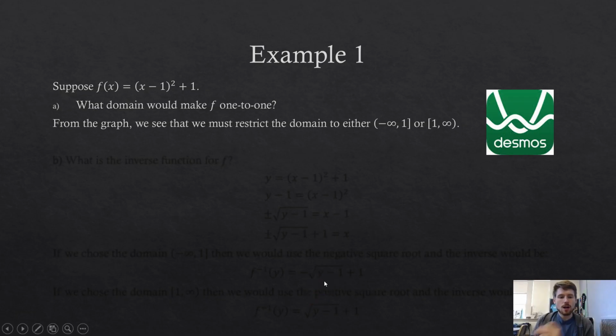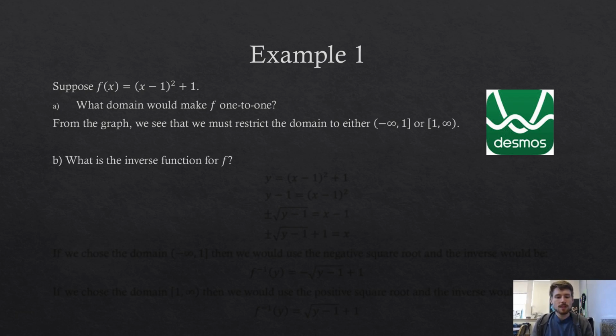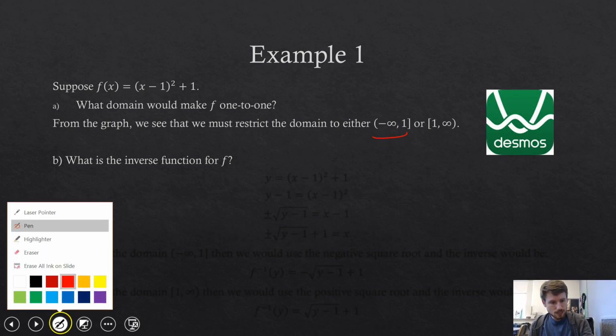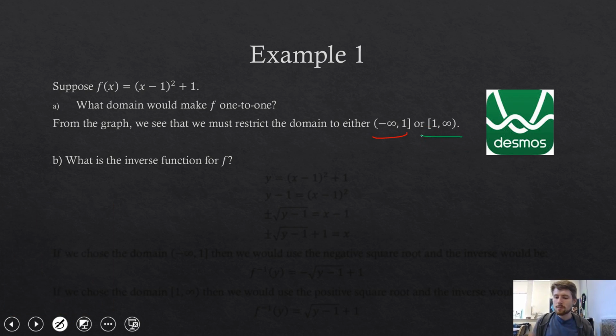Okay, so either from negative infinity to 1 or 1 to infinity would be our domains, so that it is a 1-to-1 function. Alright, so now what's the inverse function for f? Now that we've decided, well, depending on which of these domains we choose, we're going to end up with actually slightly different formulas for the inverses. We'll see in a moment.